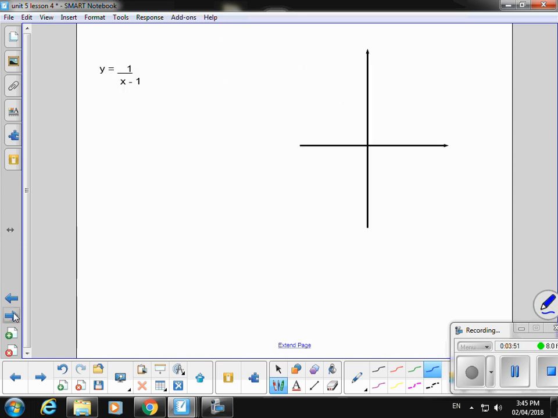Third example. This one is again a horizontal shift to the right 1. So we have a similar function. As I approach the value of 1 from the right, I approach infinity.